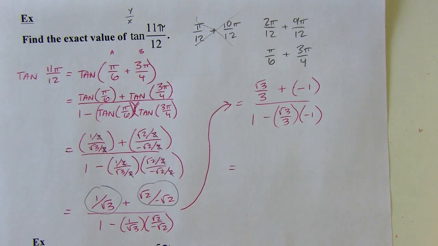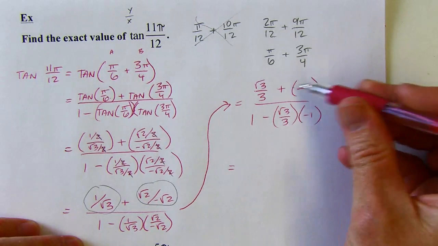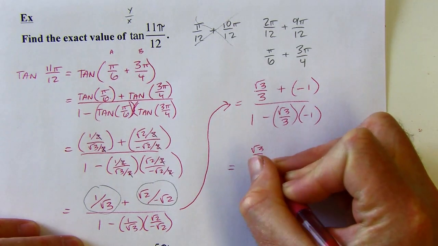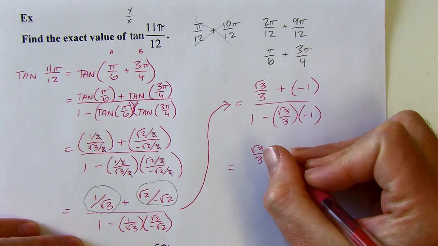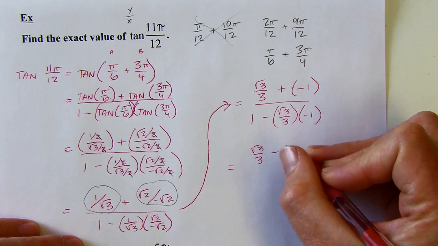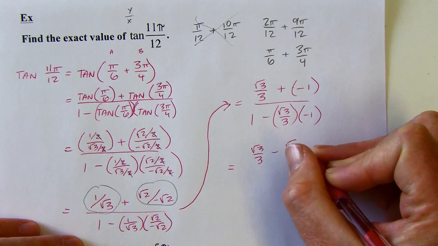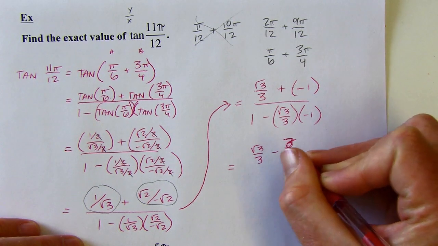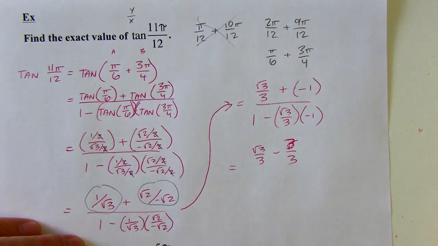All right. So I still want to combine these up here. So I'm thinking of this as root 3 over 3. And then, you know, it's just minus 1. So minus, what am I doing? Minus 3 over 3. I was just writing the negative 1 as 3 over 3.